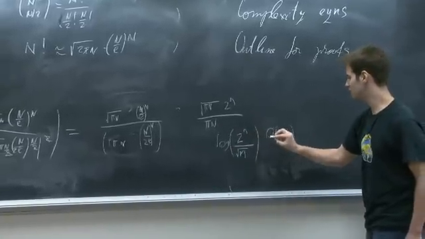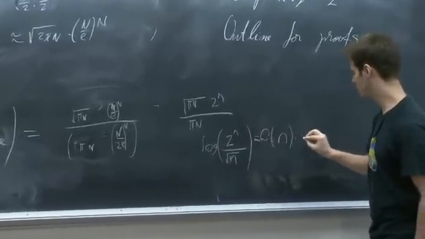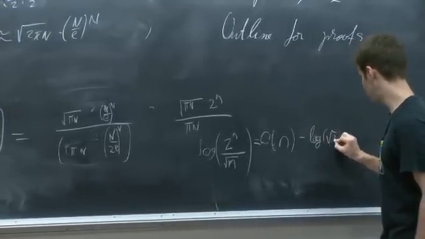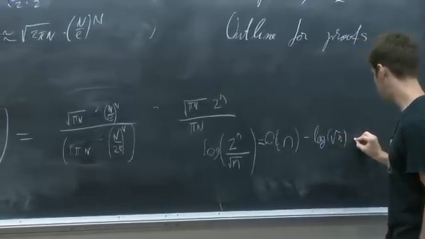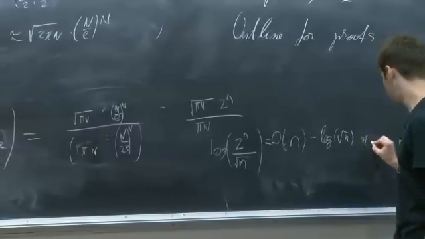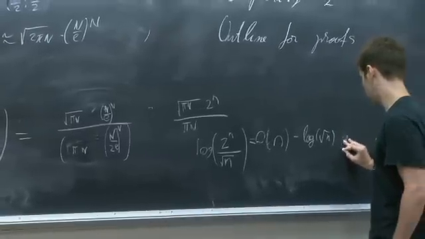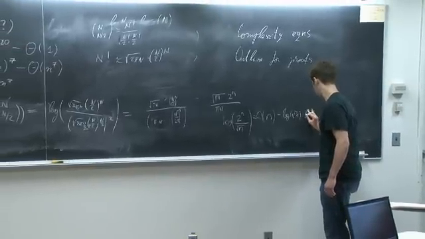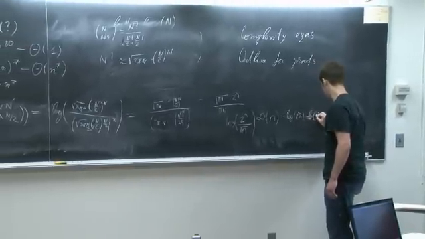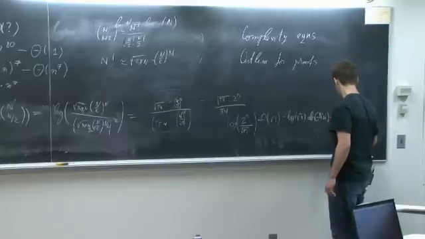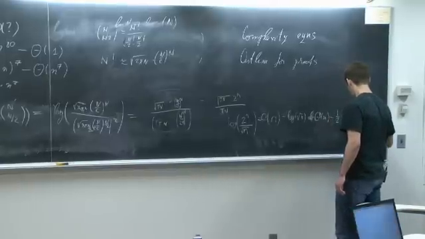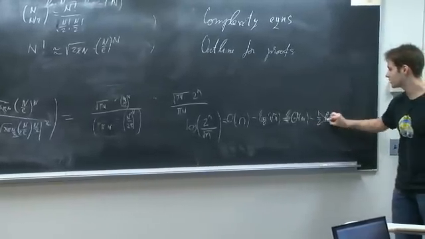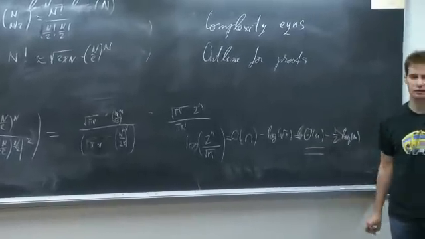So once you get here, you get this order n minus log of square root of n, which is order n minus 1/2 log n, and the log n is much smaller than n, so this goes away completely, and you get this as your final answer.